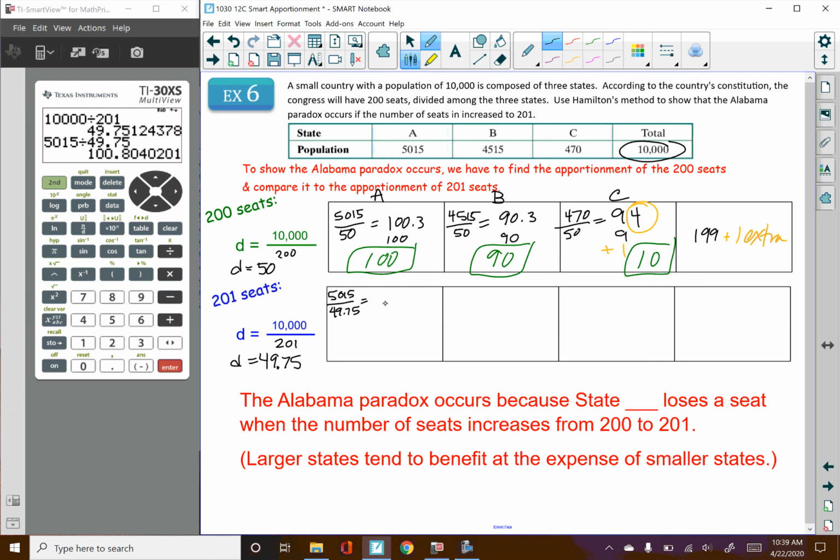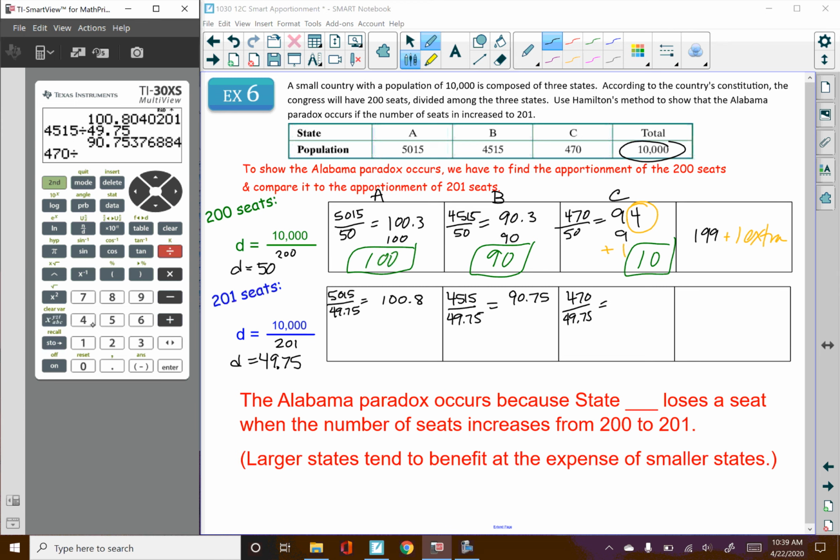We get 100.8 for state A. For state B, 4,515 divided by 49.75 gives us 90.75. And for our final state, if we divide by the standard divisor, we get 9.44, or 9.45 if we round that.